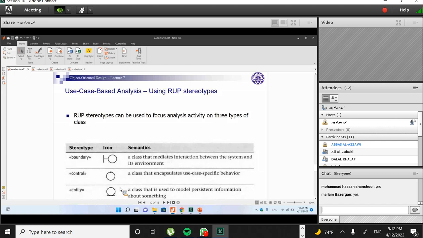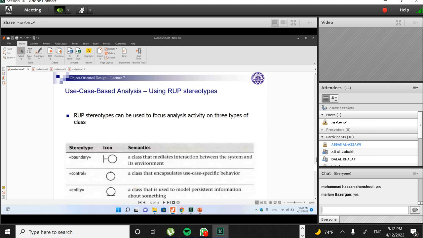Some stereotypes in RUP, the Rational Unified Process, which uses use case based models to identify classes.